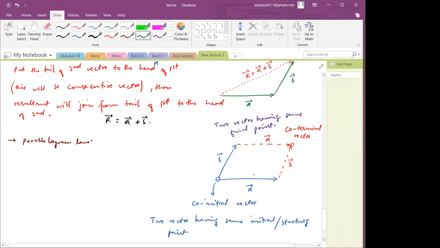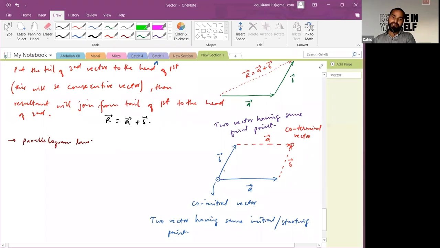Now, the resultant of this particular representation will be the diagonal in between them, like this. So this will be the resultant.